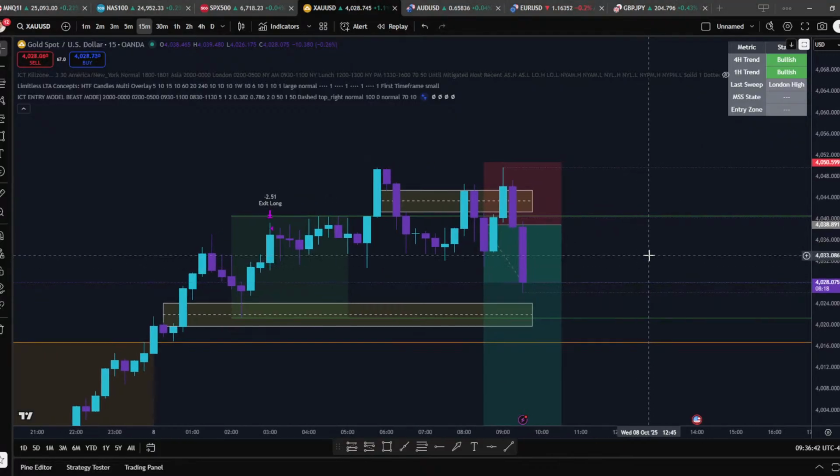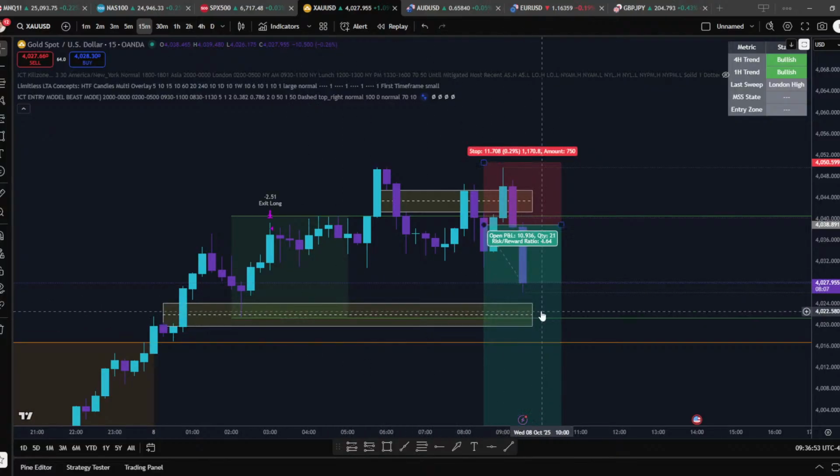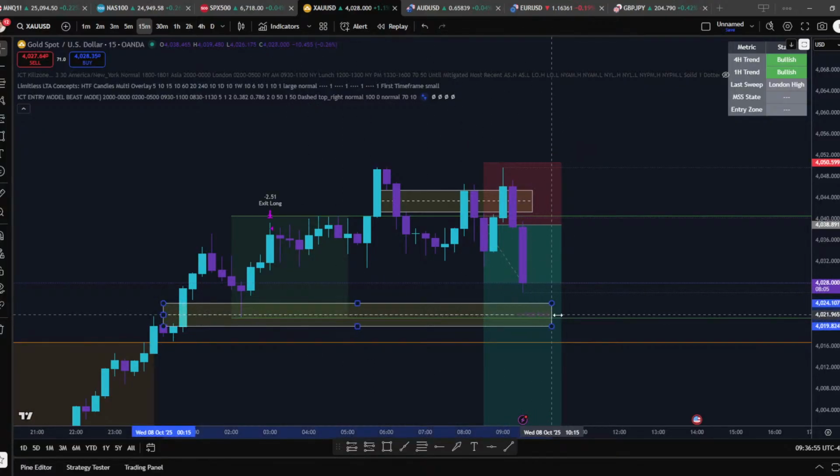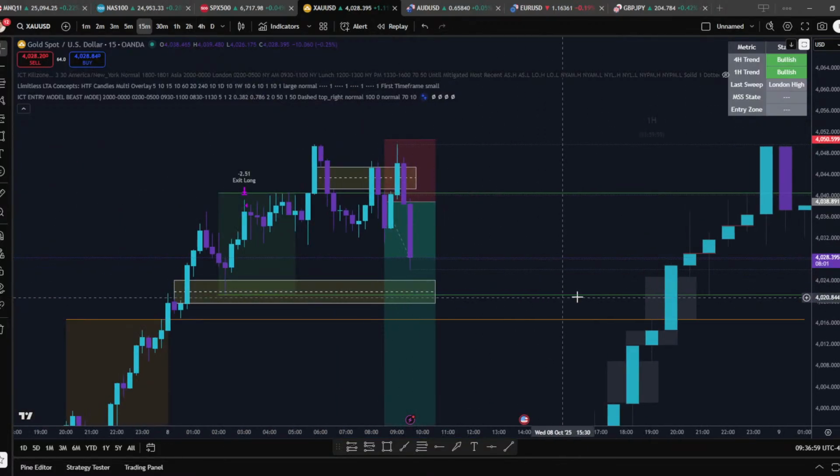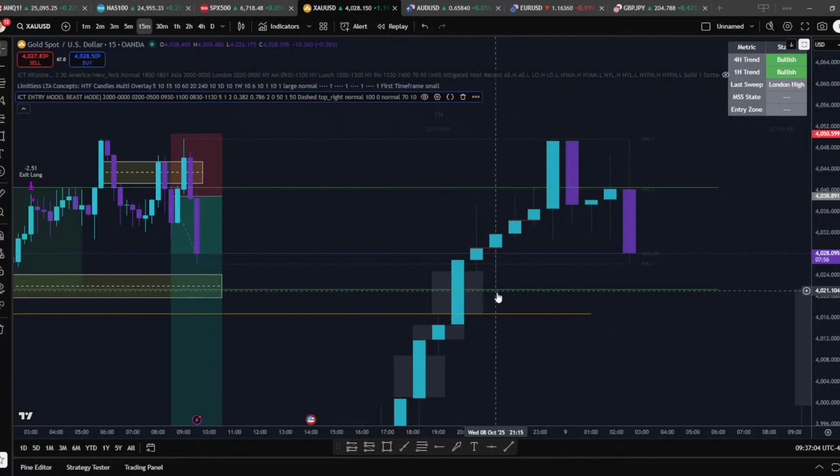Okay, you have a decision to make at this point. I would go to break even if I was in this gold trade. Okay, simply because I know there's a fair value gap coming up here, right? An hourly. There, I know this fair value gap is what's coming up here.